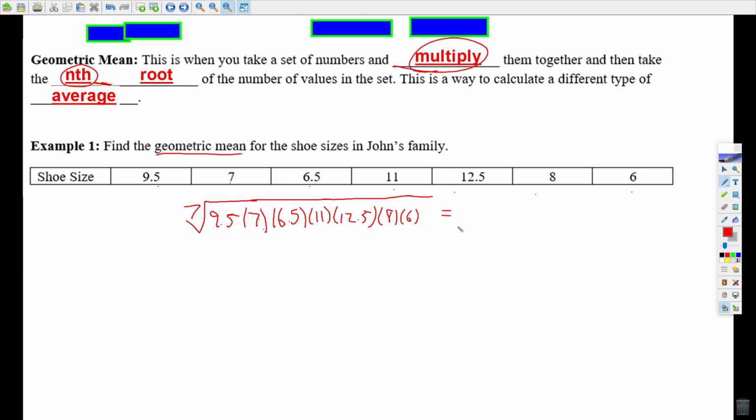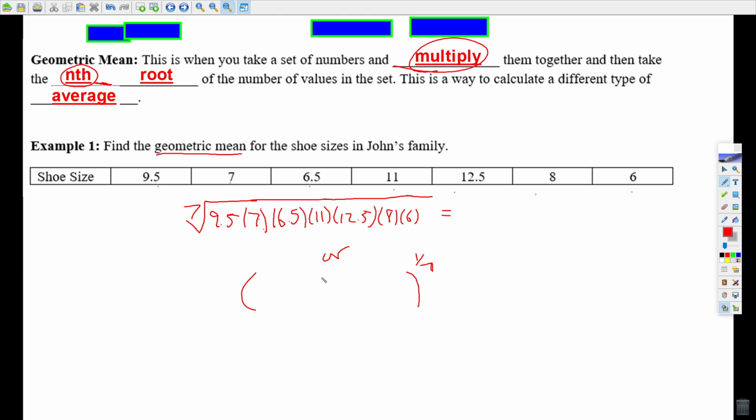Depending on what kind of average you're doing, whether it's the geometric or the normal arithmetic mean, you might get numbers that are pretty close. But it's better to use the geometric mean depending on what kind of set of data you have. If you type this into the calculator, you can do the 7th root of all these things, or you could raise all this stuff to the 1/7 power. It's the same thing.